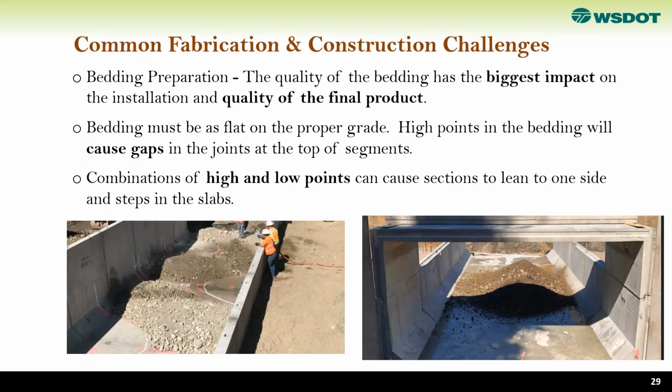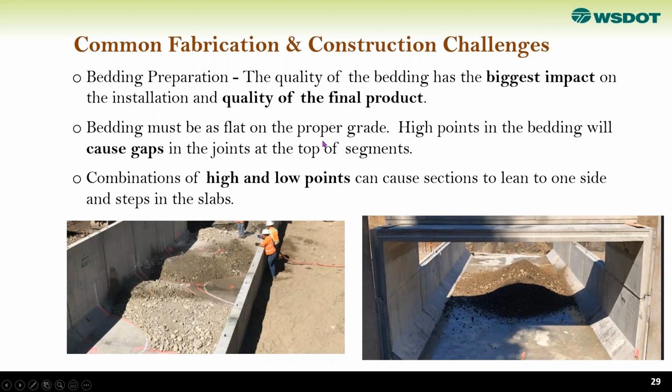Common fabrication and construction challenges include bedding preparation. As we mentioned, for this settlement, transverse or longitudinal, the bedding is a very key element, so we don't want to put this thing together and then, when we add weight on top, it starts settling. The quality of the bedding has the biggest impact on the installation and the quality of the final product.